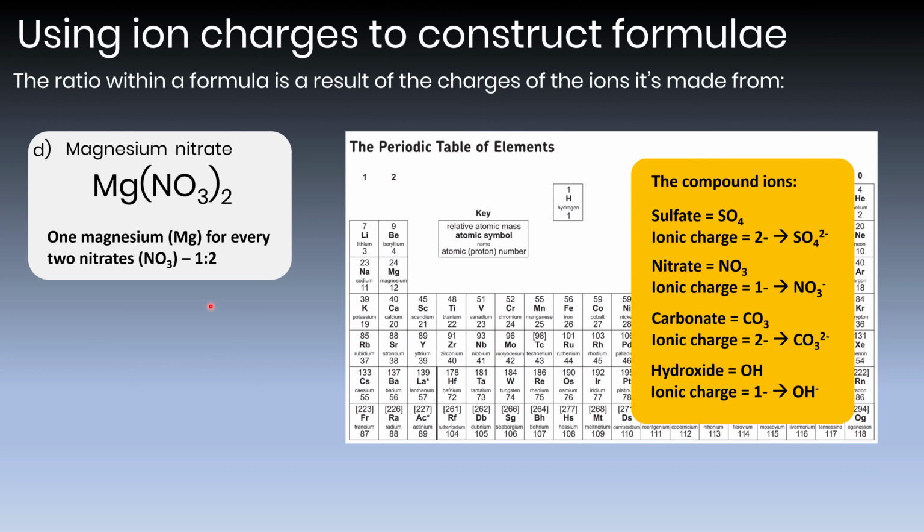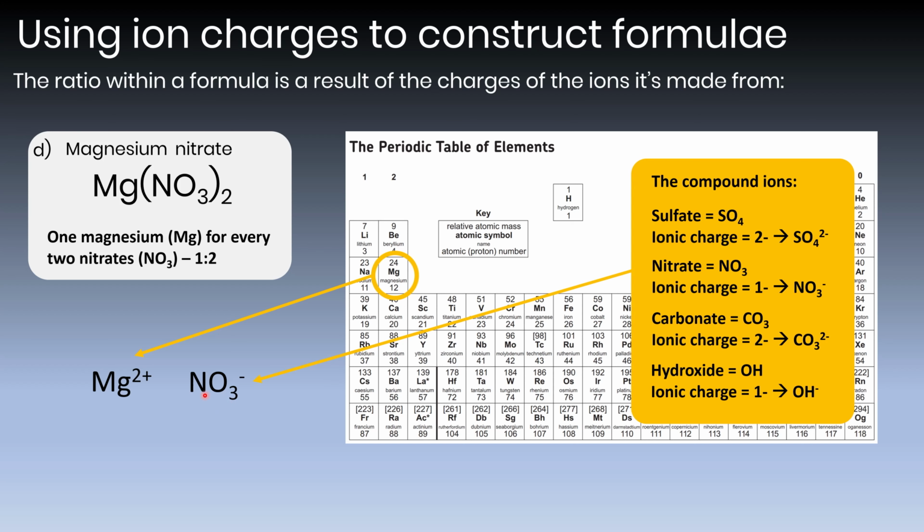Next, let's look at magnesium nitrate. Magnesium is a group 2 metal which can be found on the periodic table, so it's Mg2+. Nitrate is a compound ion, so therefore it cannot be found on the periodic table in its whole NO3 form. Nitrate was NO3 with a 1- charge, so nitrate is NO3-. You can see here we've got Mg2+, but it's important to note that this NO3 group only has a 1- charge.